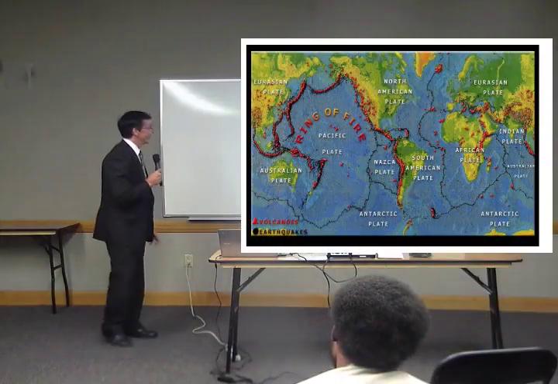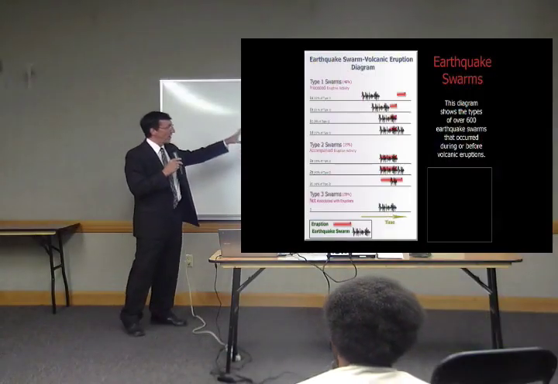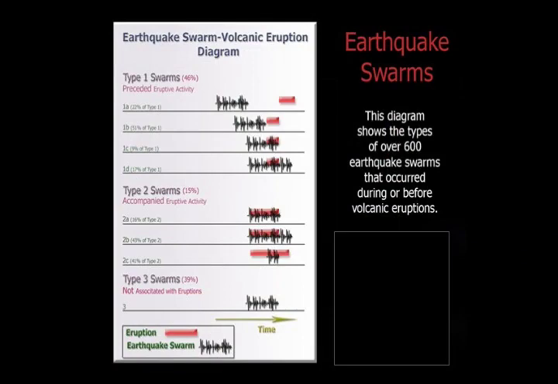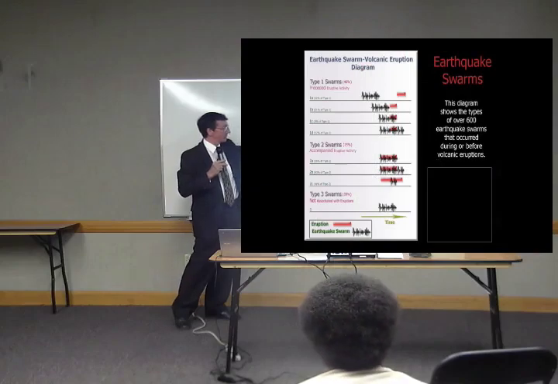Good analogy. So this is a study that was done on earthquake swarms, and they were measuring when the shaking came in relation to the lava of the volcano. They identified 46% are the type where the earthquake definitely happens before the volcanic lava.